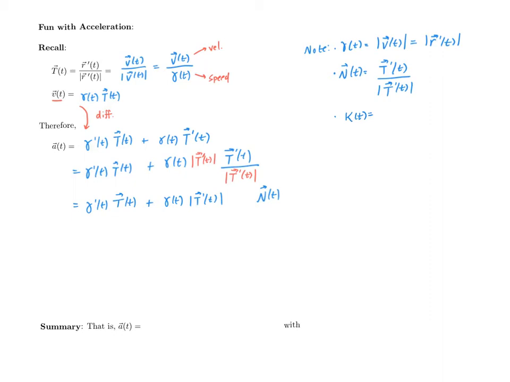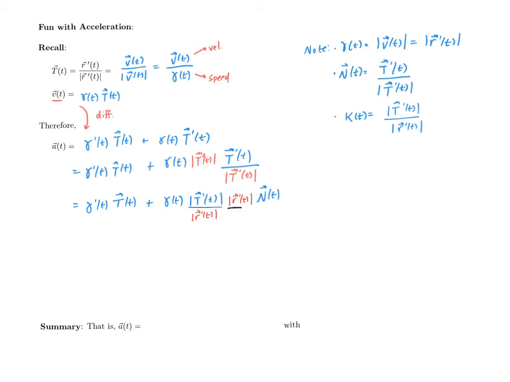A representation for curvature is the magnitude of T prime divided by the magnitude of r prime. And with that in mind, we'll go ahead and turn this magnitude of T prime into curvature. If I would like to turn that into curvature, I need to divide by what we might think of as speed, and I need to multiply by that same quantity.